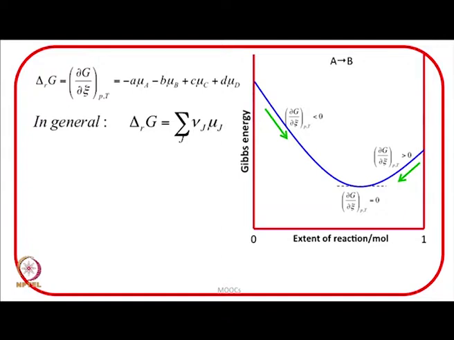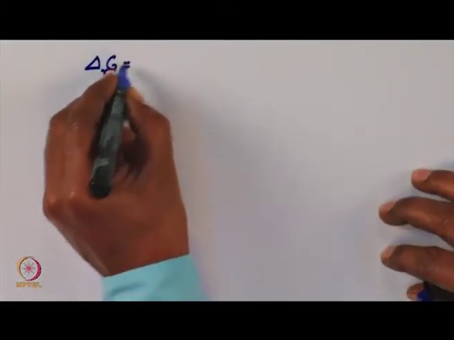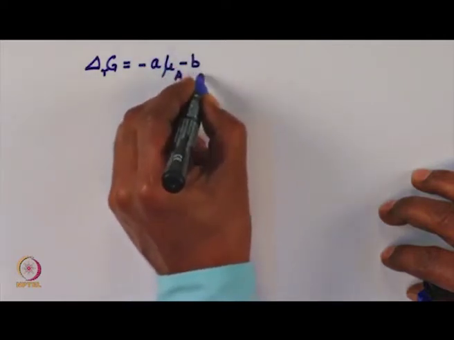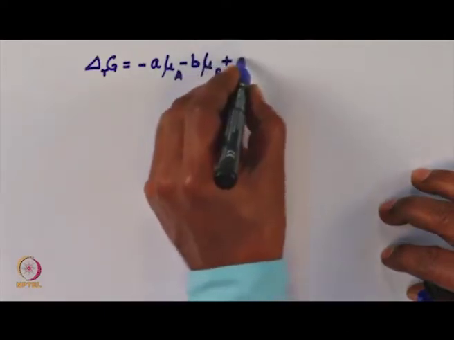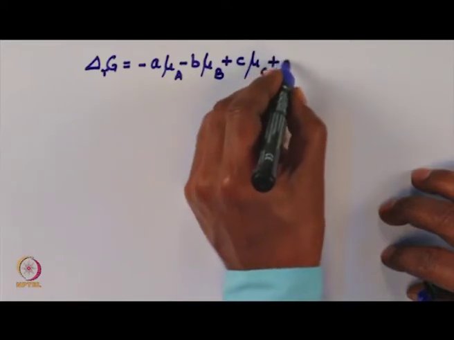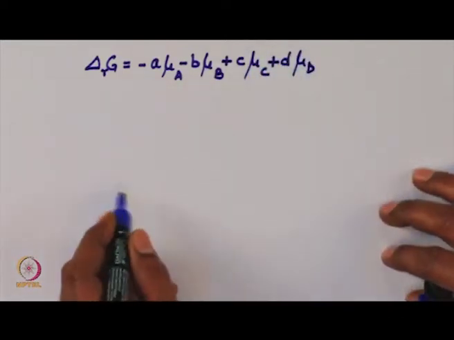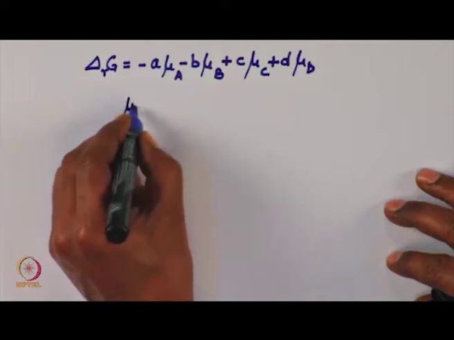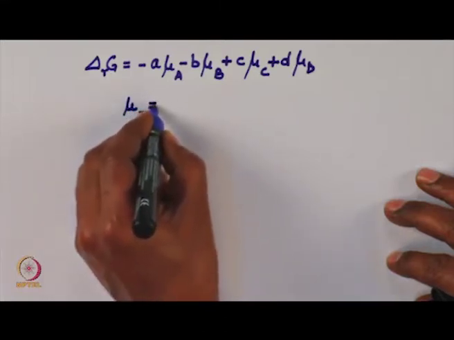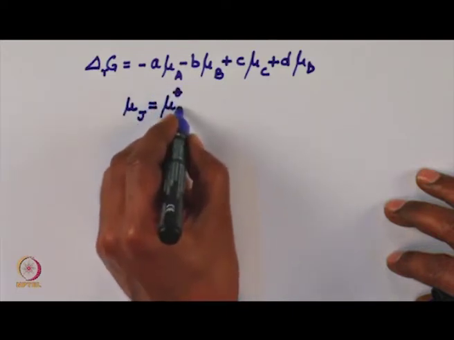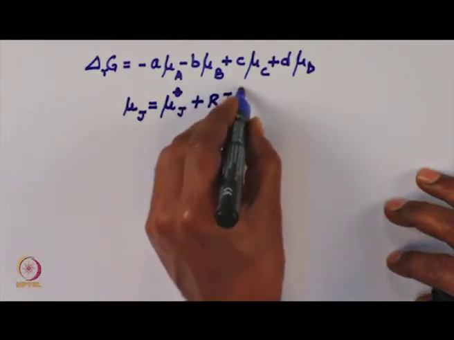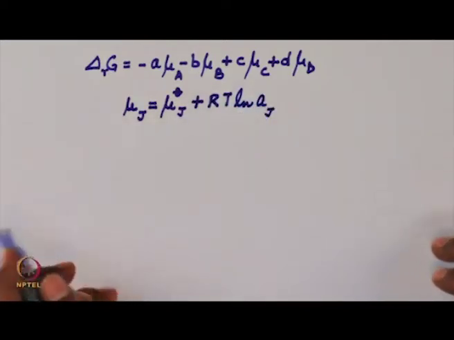Let me now start with the same equation that we just derived, that is delta R G is equal to minus a times mu A minus b times mu B plus c times mu C plus d times mu D. And we have earlier discussed that mu of any species J can be written as the standard state chemical potential of that species plus RT log activity of that species.